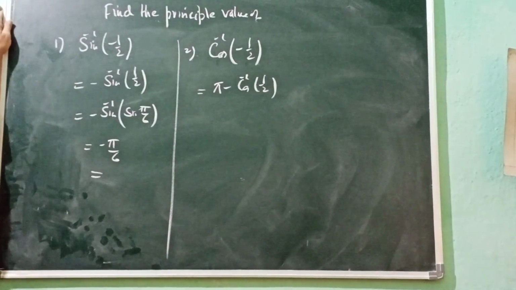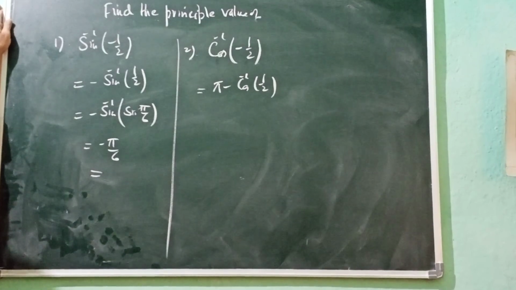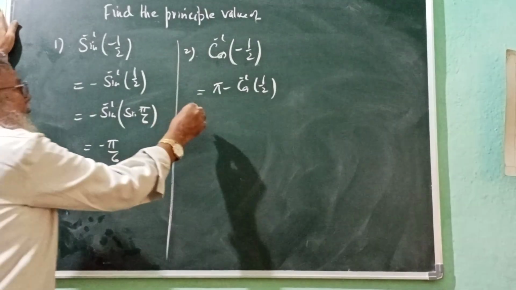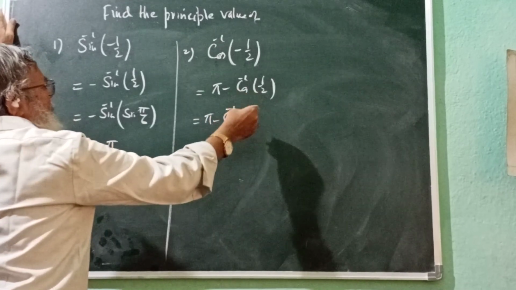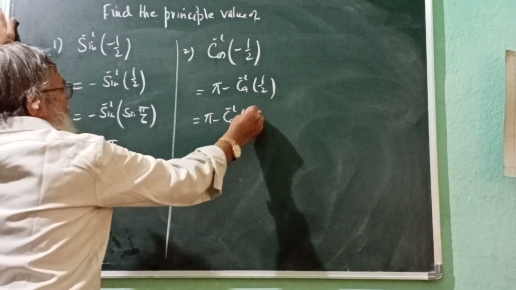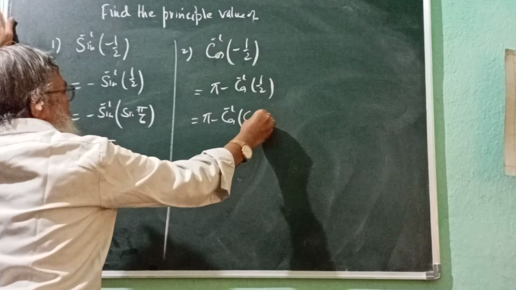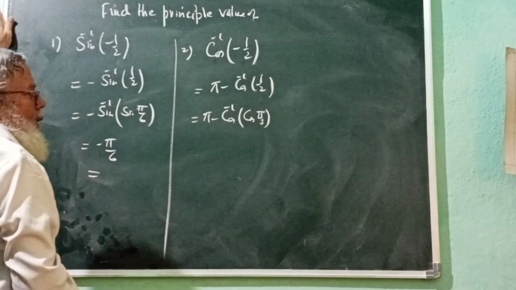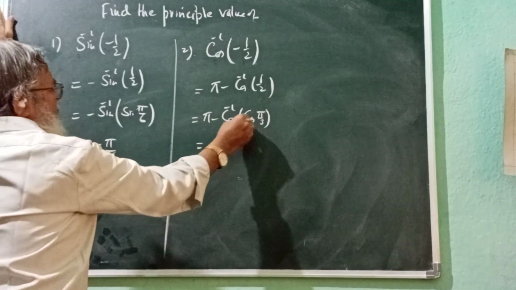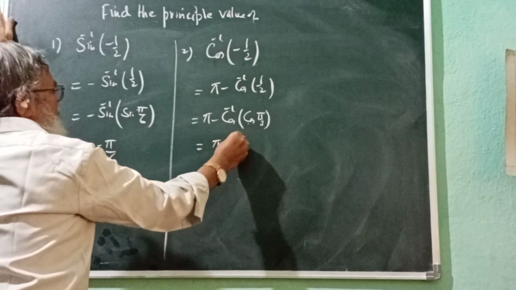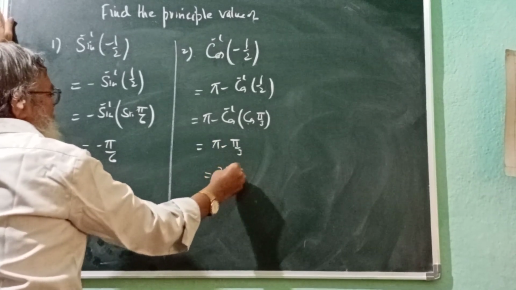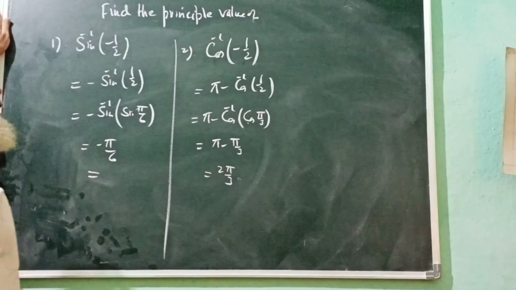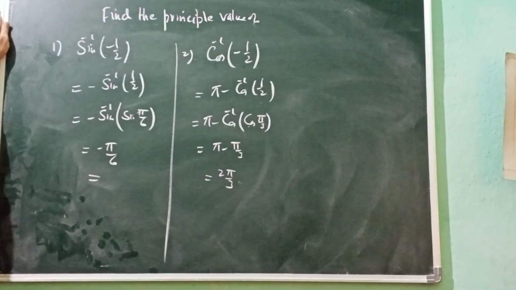Now here we write pi minus cos inverse 1 by 2. We write it in terms of cos as cos pi by 3. Cos 60 is equal to 1 by 2. Now you can cancel cos and cos inverse. Pi minus pi by 3, take LCM, it is 2 pi by 3. This is the value of cos inverse minus 1 by 2.